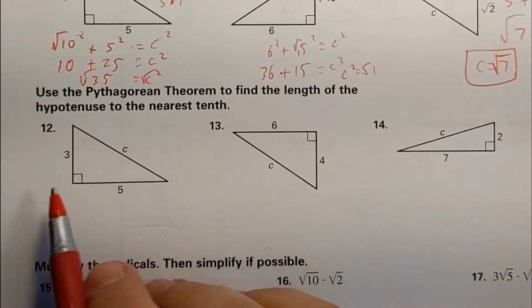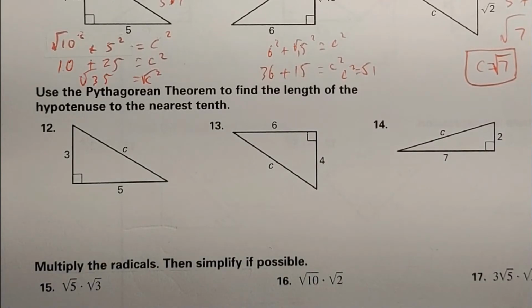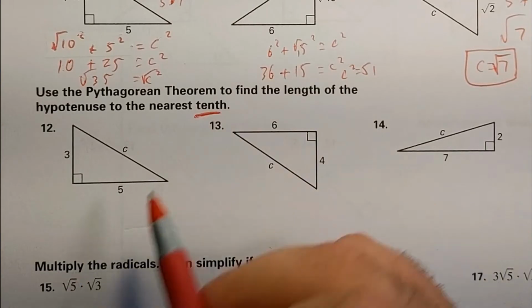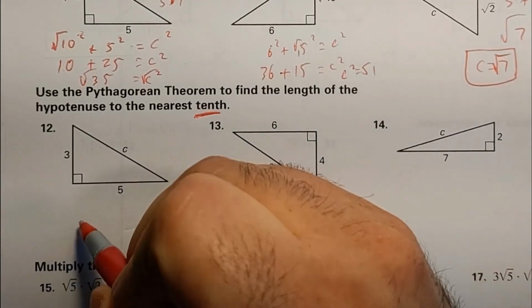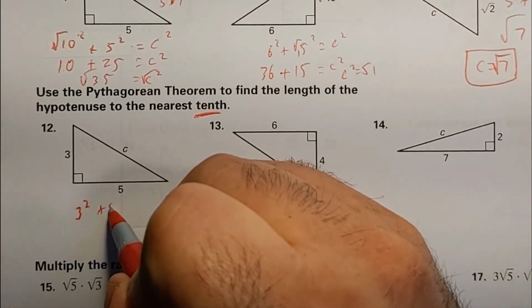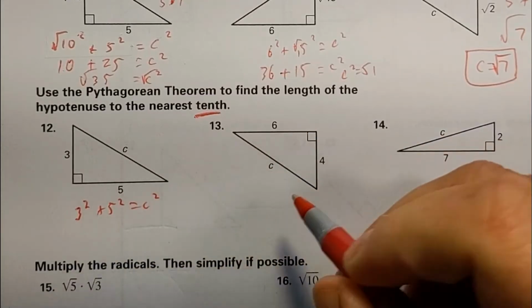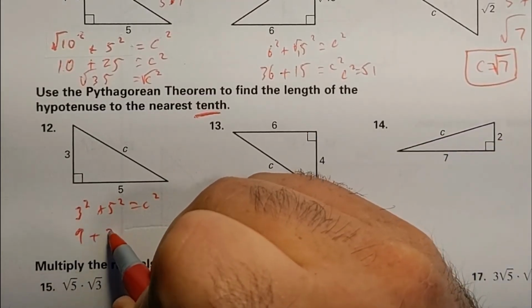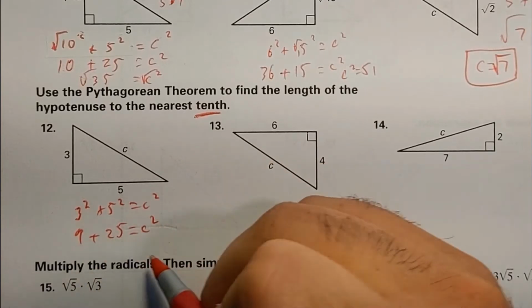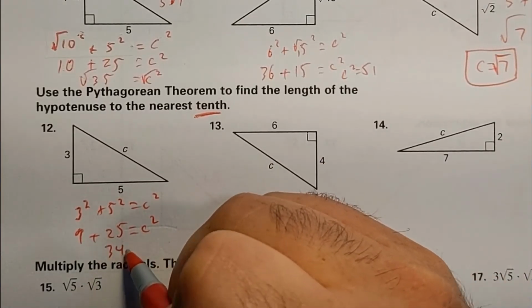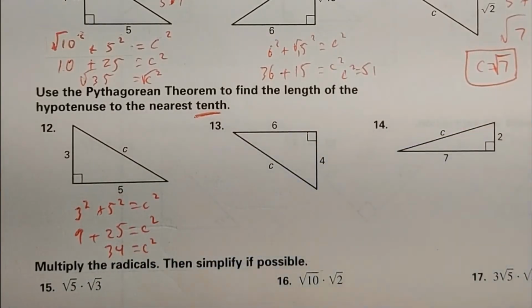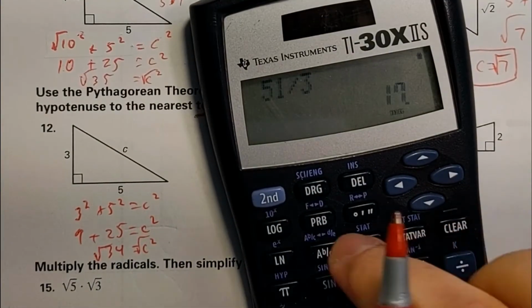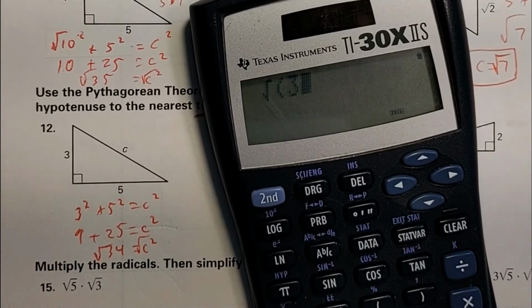Number 12, it says use Pythagorean theorem to find the length of the hypotenuse to the nearest tenth this time. So now we want to use the calculator to get a decimal. So 3 squared, 5 squared, C squared, 3 squared is 9, 5 squared is 25, 25 and 9 is 34. And then from here I need to use a calculator to get the square root. So second x squared, 34, and I get 5.8.